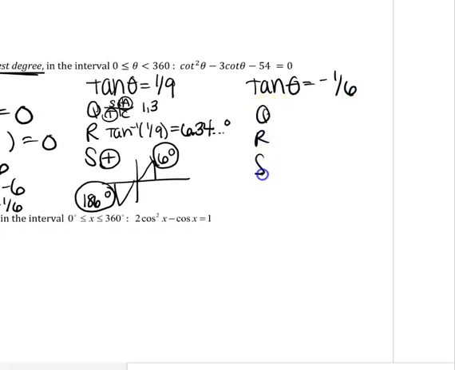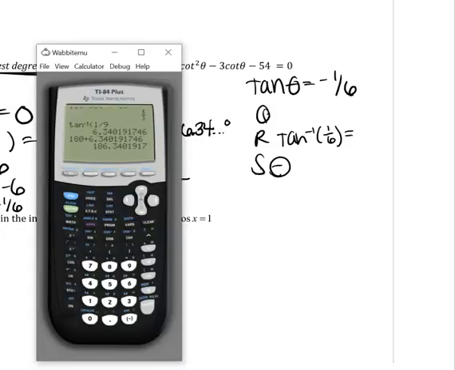QRS. Now, when you do the reference angle, ignore the negative. The negative has everything to do with the quadrant, which I'll come back to. The reference angle has to be a positive answer, so I don't want to type in anything negative there. So if I do inverse tan of 1/6, that's giving me like 9.46.